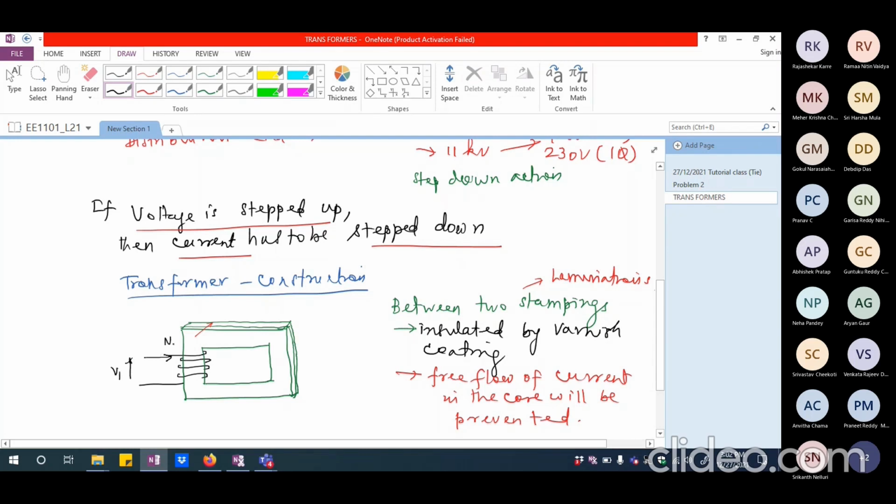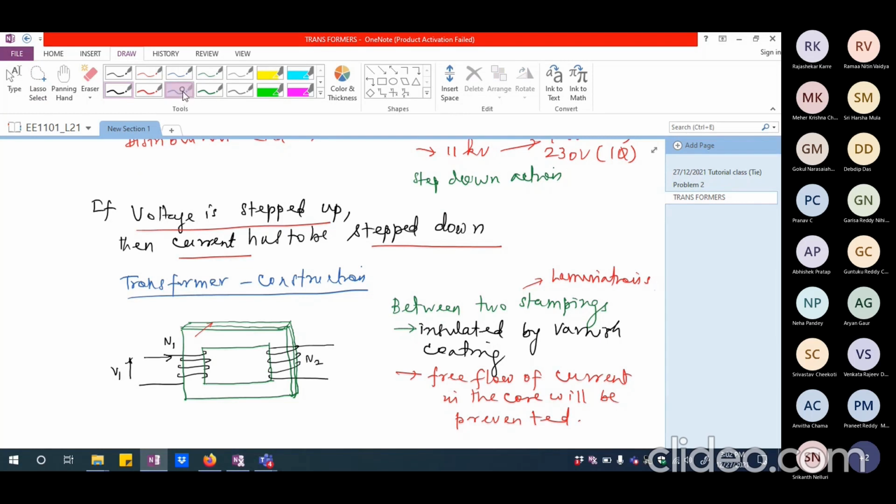And N1 is the number of turns in the primary winding. The same way I'm going to have secondary winding again. So I'm going to have the secondary winding also going around like this. So I'm going to have this winding coming out like this. So this is, let us say, secondary, and I'm going to have N2 turns here.